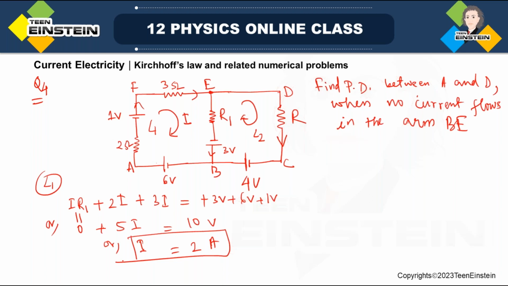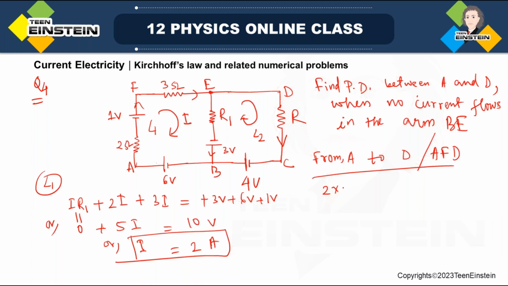Now if we go from A to D, I go from A to D along AFD. See, I go A, F, and D like this. The path is AFD. Okay, so here, see what is the drop here?